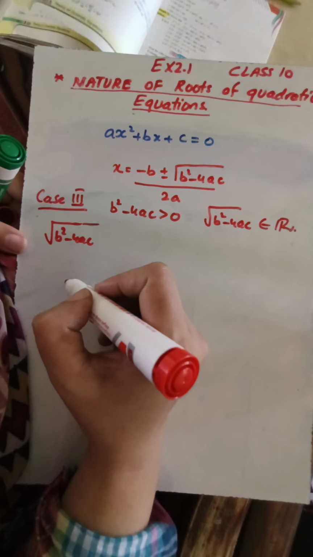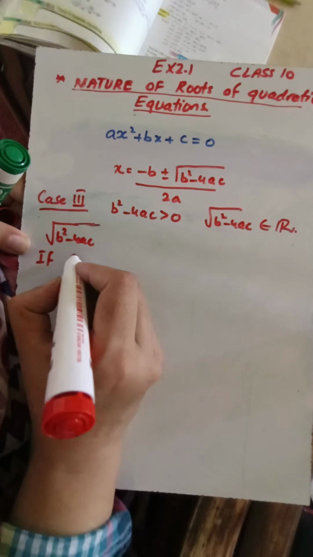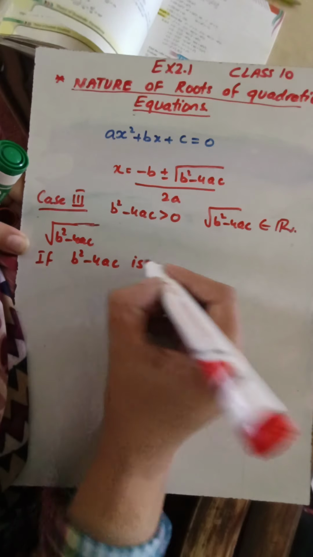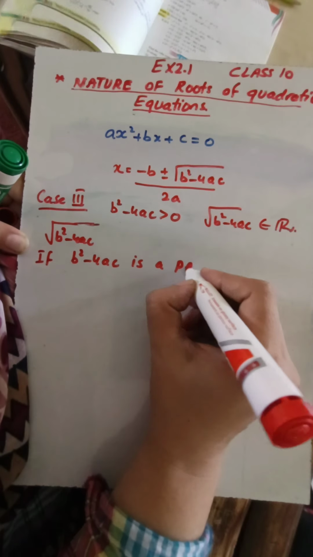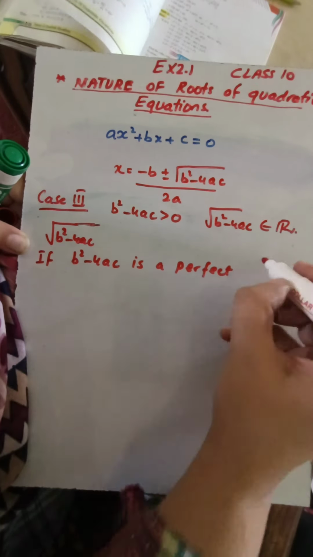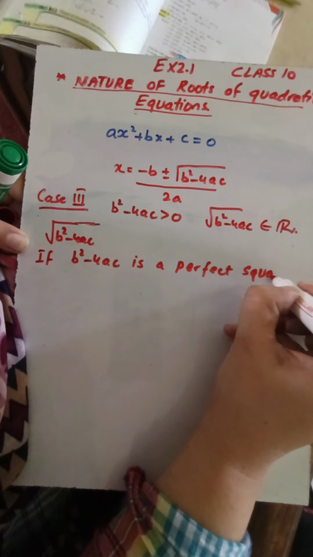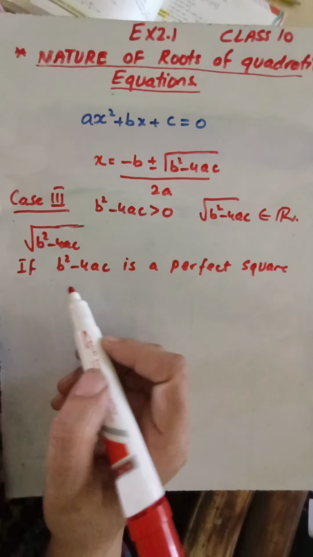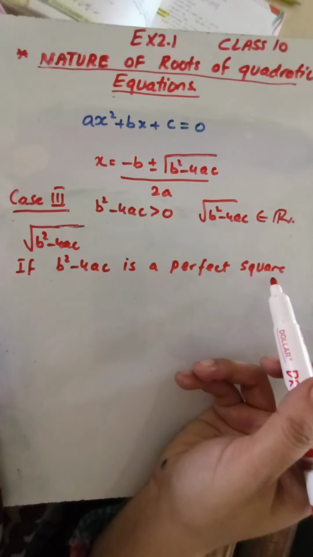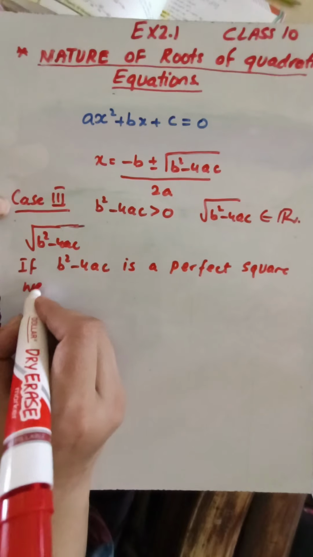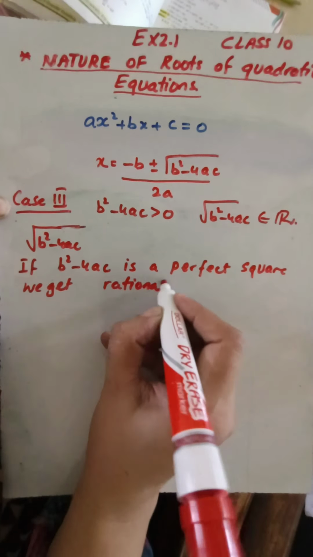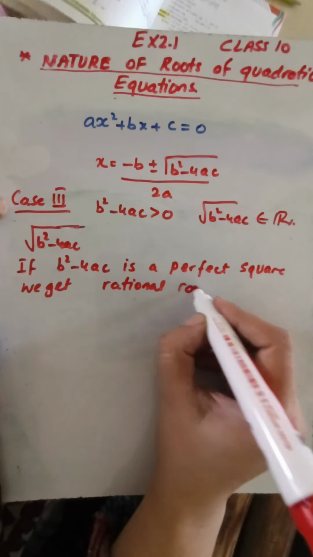If b square minus 4ac is a perfect square, then we get rational roots.